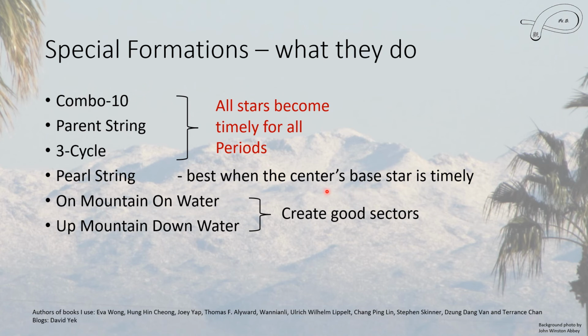And that center's base star is that big number in the center box of your flying star chart. I have a feeling it lies somewhere in between the two, because the people that are doing this have a lot of experience. So I figure that it's probably best if the center space star is timely, but it's better than not having it even when the center space star is not timely. It's just not quite as good.